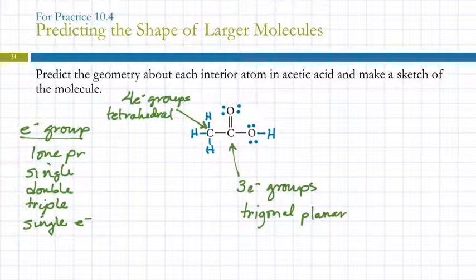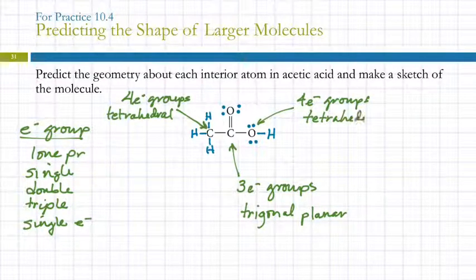And then we've got this oxygen. How many electron groups? 4. What do 4 groups do? Tetrahedron. So that's the electron geometry. Are there any lone pairs? There are.